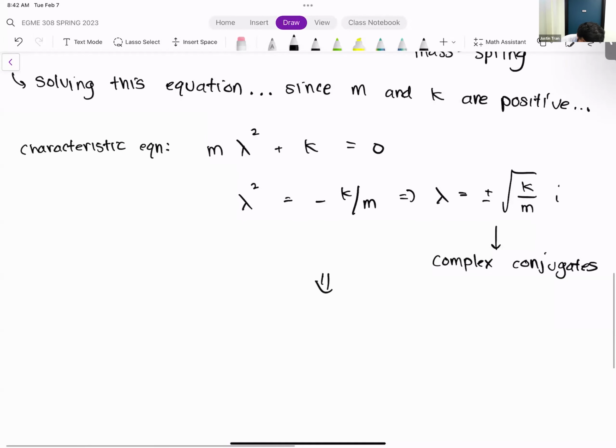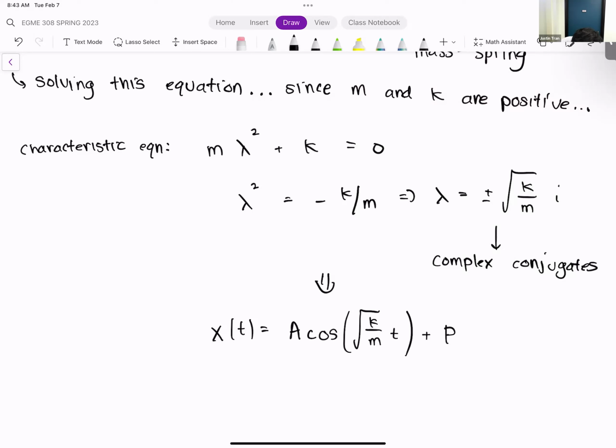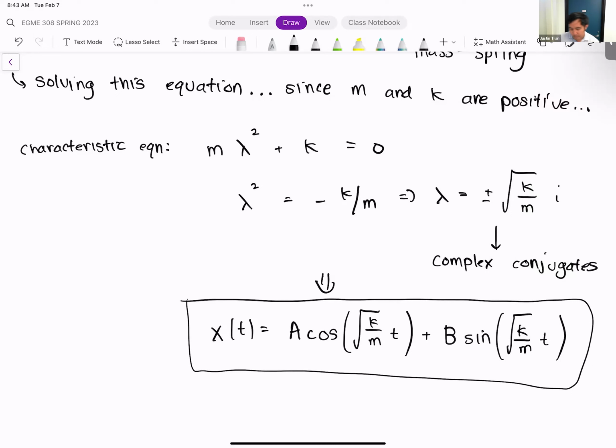And so that tells us that our solution x of t is equal to a cosine of square root k over m t plus b sine of square root k over m times t. So it's basically just a sinusoid.